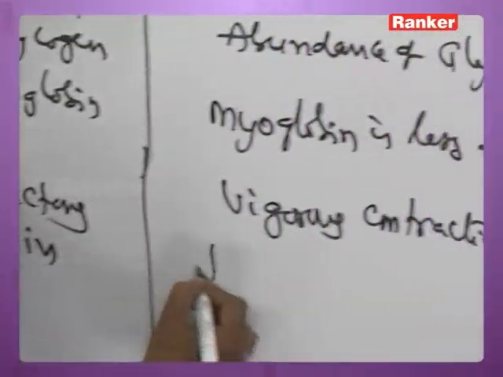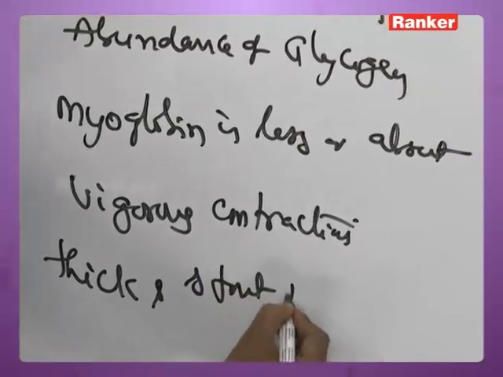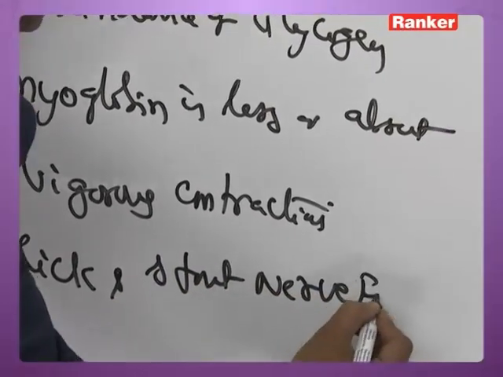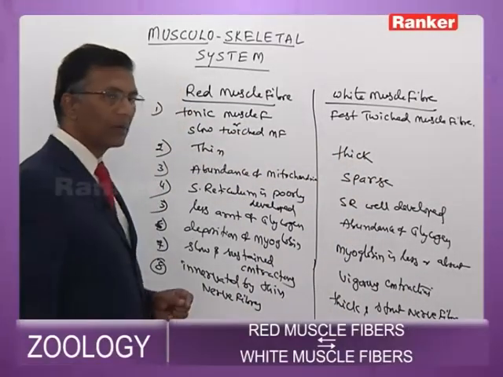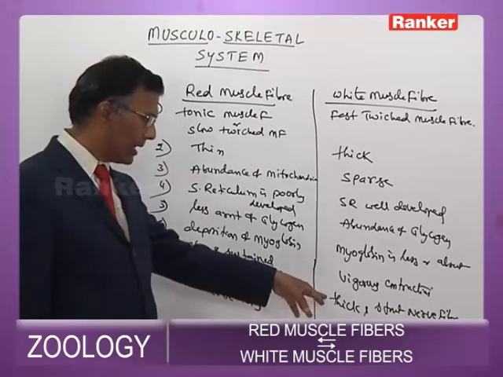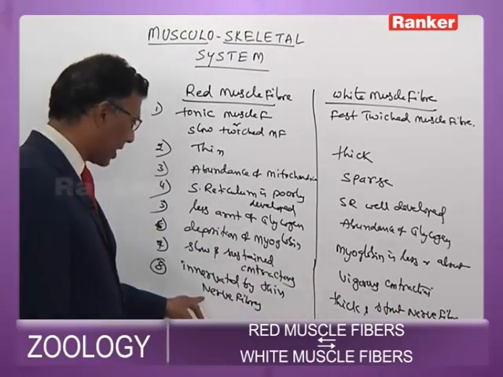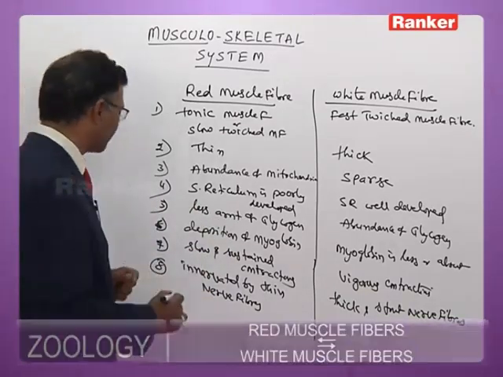White muscle fibers are innervated by thick and stout nerve fibers, because giant axons always conduct impulses very fast, so they require giant axons, whereas red fibers are under the control of thin and small nerve fibers.